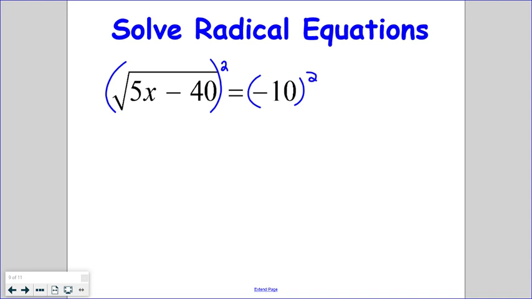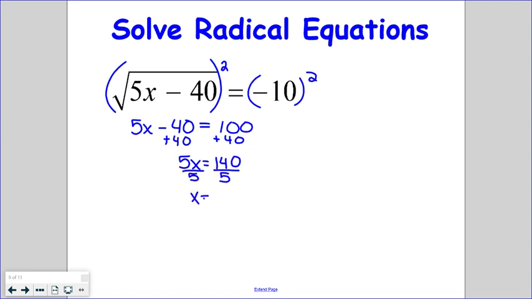When I square and square root, they are opposites of each other. I just get what's underneath. 5x minus 40 equals 100. Solve for x. Let's see, 140 divided by 5 would be 28.